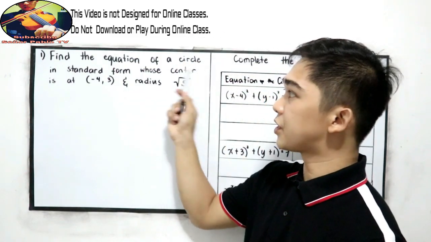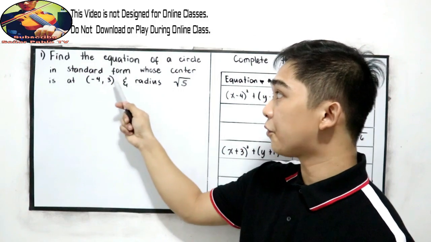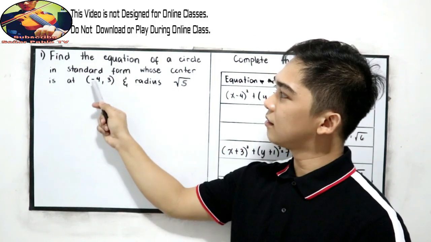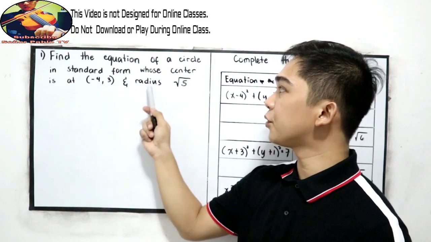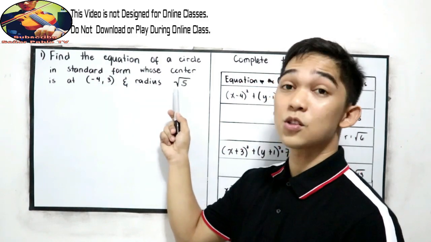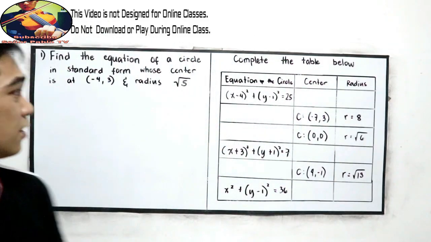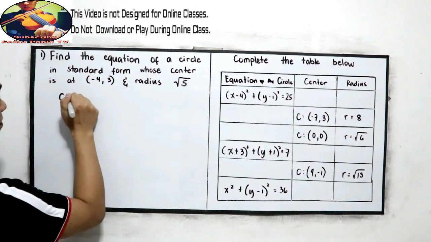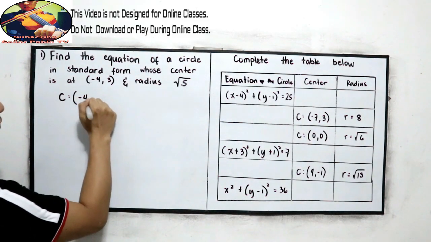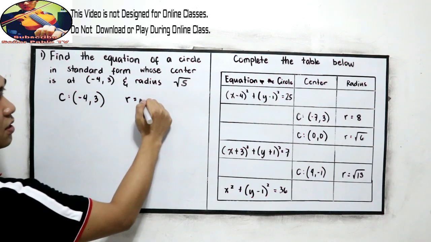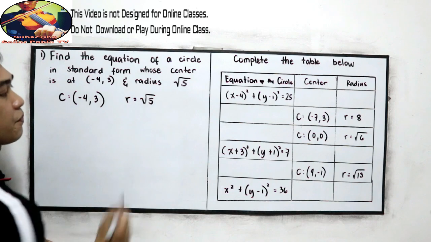Find the equation of a circle in standard form whose center is at negative 4, 3 and radius is square root of 5. So center is negative 4, positive 3, and the radius is square root of 5.